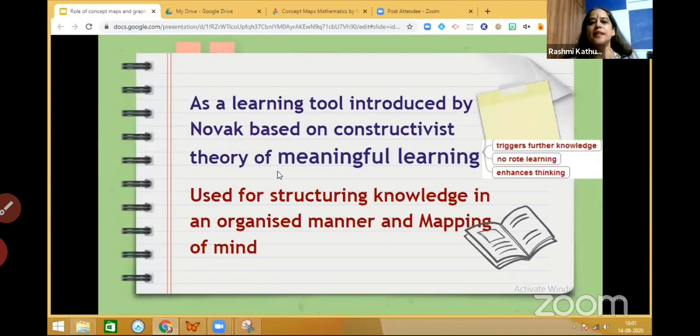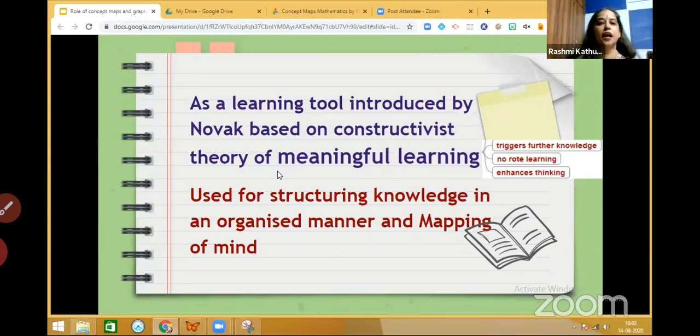Now, this concept map was introduced as a learning tool by Novak, and it was based on constructivist theory, which talks about three major basic features. That is, triggering of further knowledge is important. That means we are not just talking about rote learning, and we have to enhance the thinking skill set of the children at each and every learning stage.